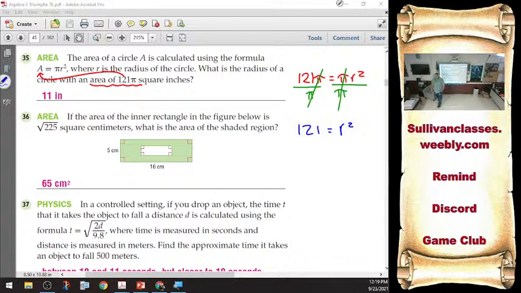So then I get something squared makes 121. What squared makes 121? Okay, that's where that comes from. But I had to divide the pies out of there first.